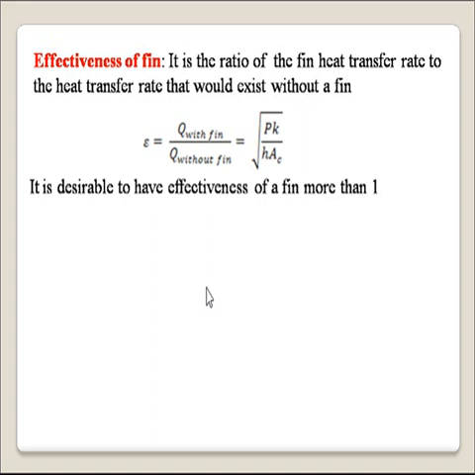Then the general solution is solved for 3 cases: infinitely long fin, short fin with insulated tip, and short fin with convection at the tip. And in these three cases, we have studied the temperature distribution and heat transfer rate. Then we have studied the fin performance parameters, fin efficiency and fin effectiveness.